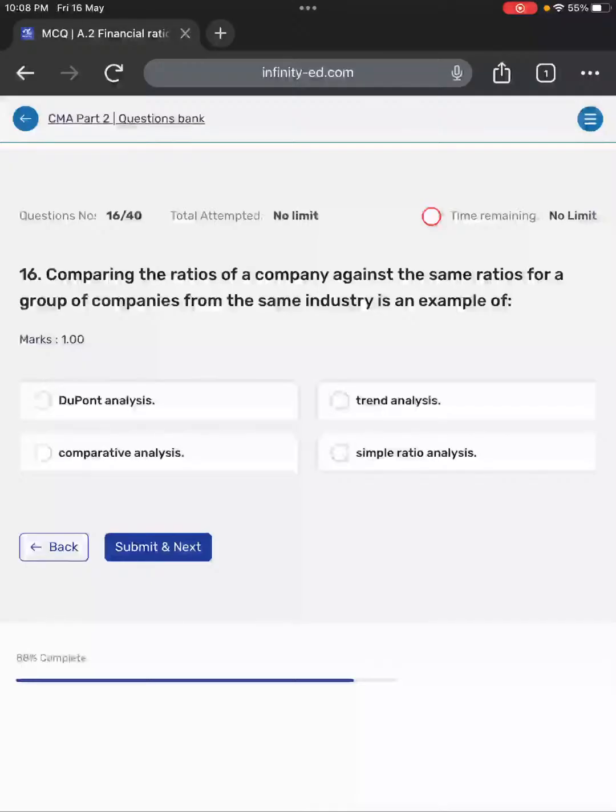Simple ratio analysis, trend analysis, dew point analysis.